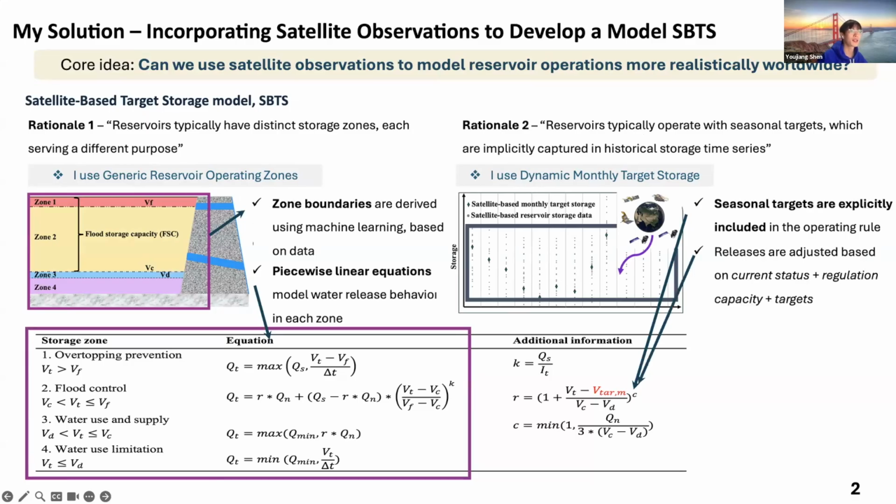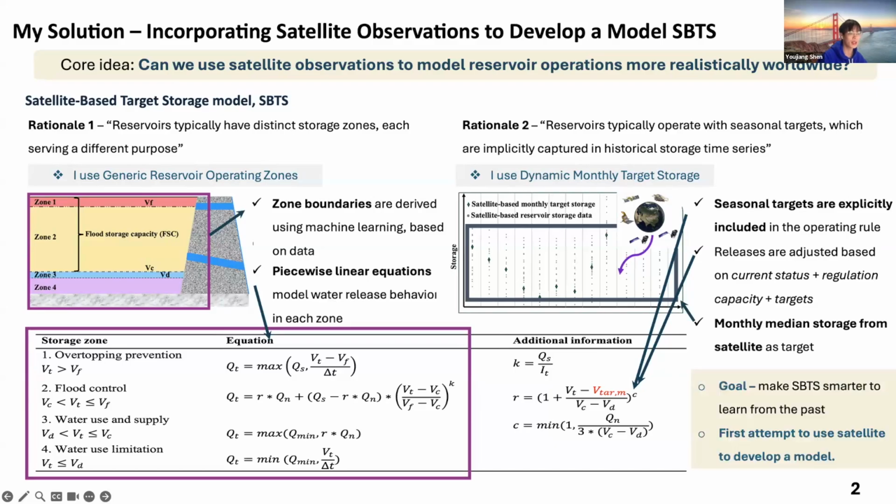So I set this as a target in the operating rules, and the release is then adjusted based on the current status of the water and the regulation capacity, and the monthly median storage is used as a target. So the goal is that I developed SPTS, trying to make it smarter by learning from the past. And this is also the first attempt at using satellite observations to develop such a model.